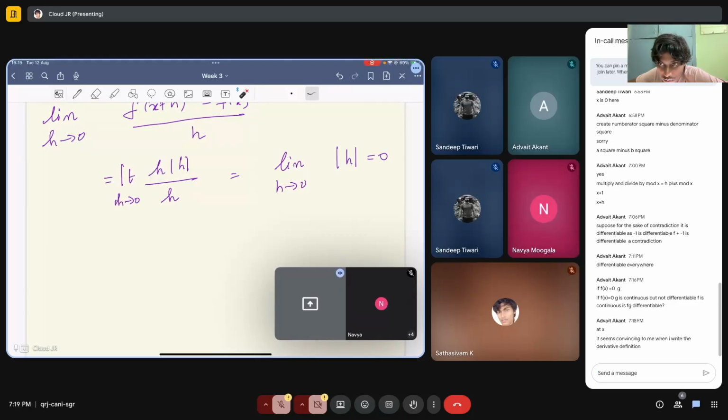But you don't have that f is differentiable, right? Basically, you have continuous functions only. In general, I don't think it will work, but I am not able to directly give a counter example.